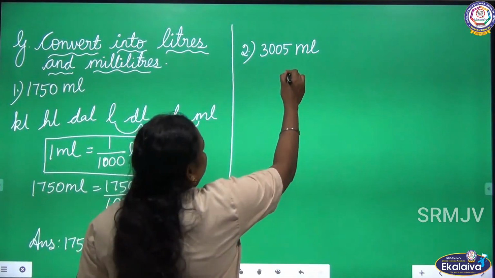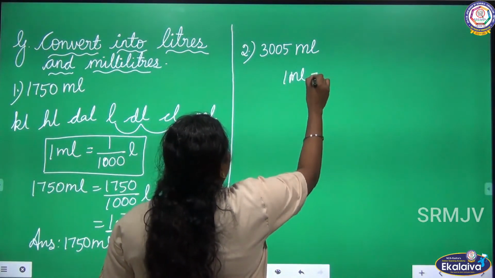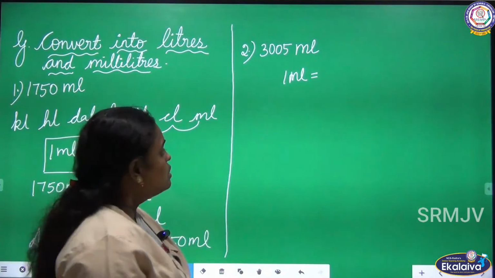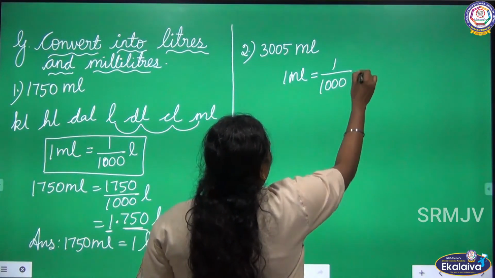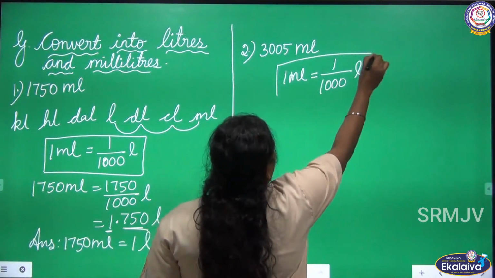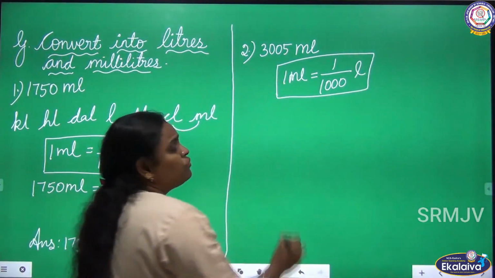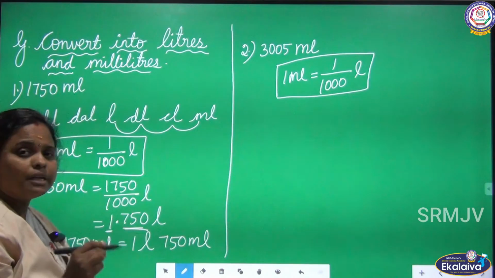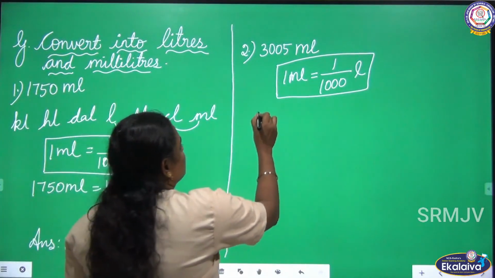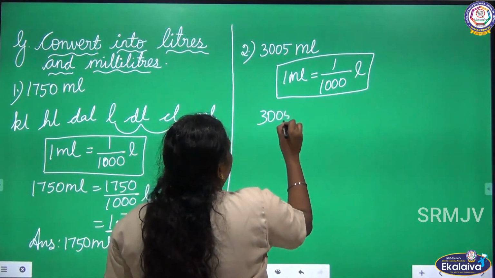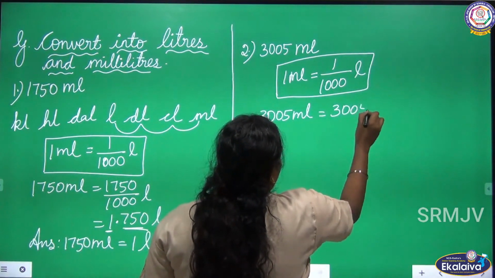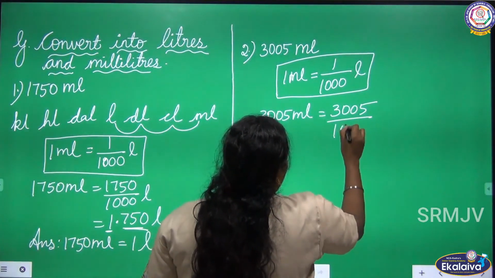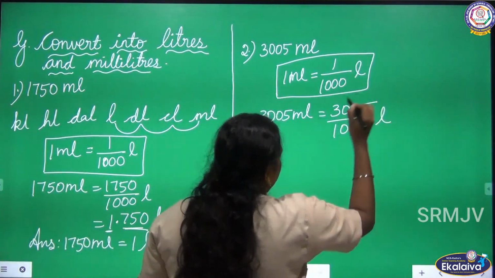Next one, 3005 milliliter. So 1 milliliter equal to how many liters, children? 1 milliliter equal to 1 by 1000 liter. So 3005 milliliter equal to 3005 by 1000 liter.